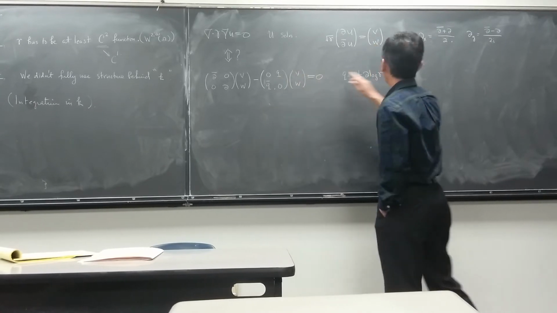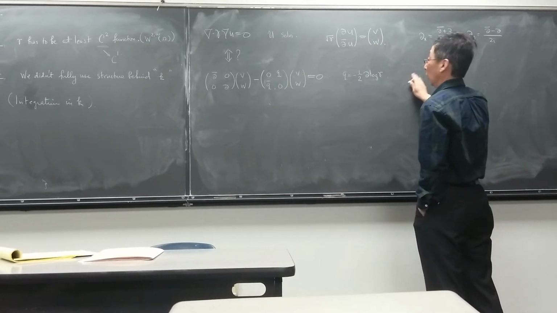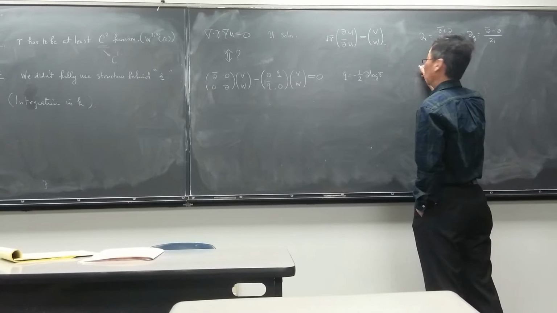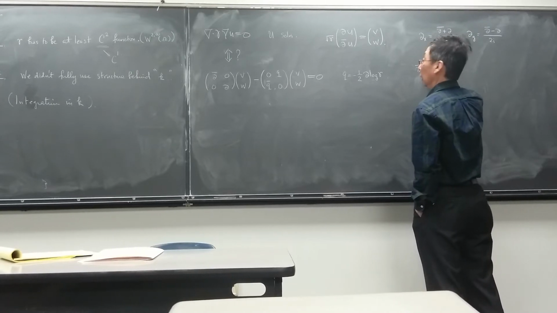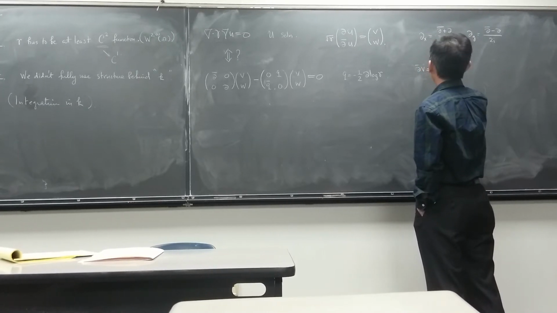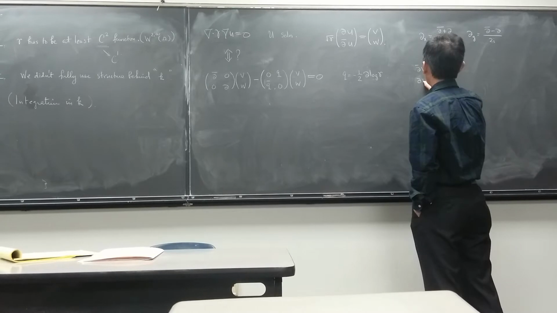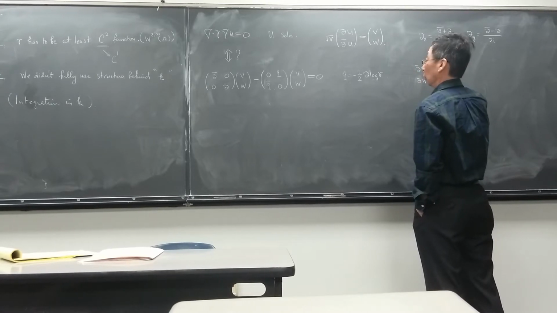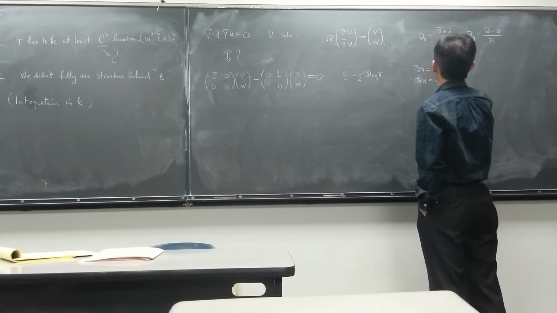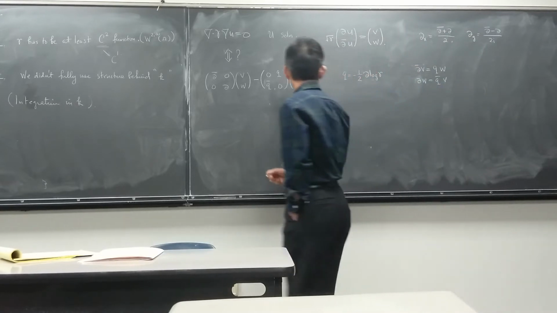If you write it out, it's not a complicated system. It just means D bar v is equal to q w, and D w is equal to q bar v. So this is the system.